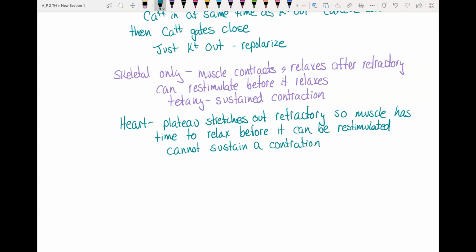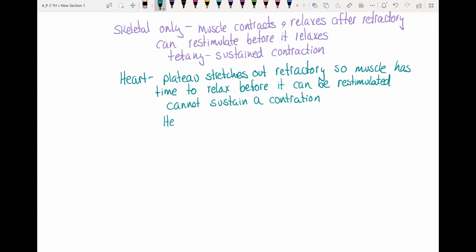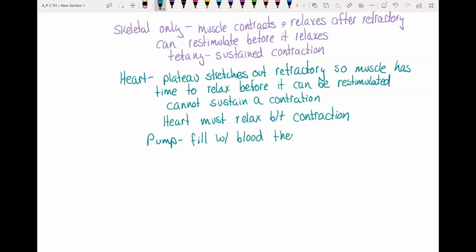It must relax between contractions. This is important because it's during that relaxation that the heart fills with blood. Remember, the heart is a pump, so it has to fill with blood, then contract and pump the blood out. It fills with blood while it's relaxed.